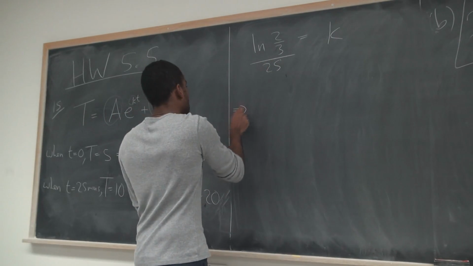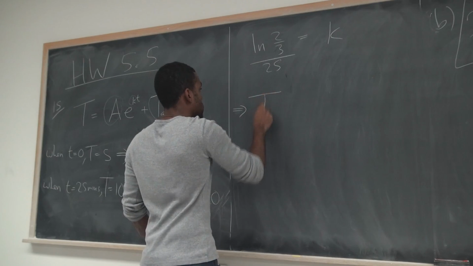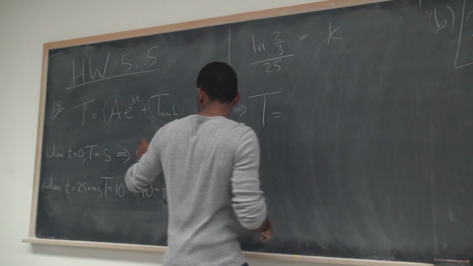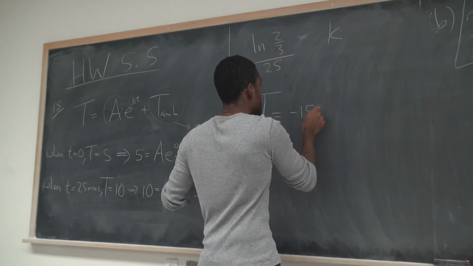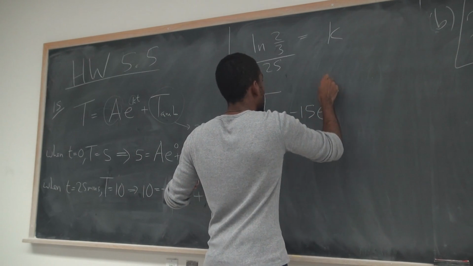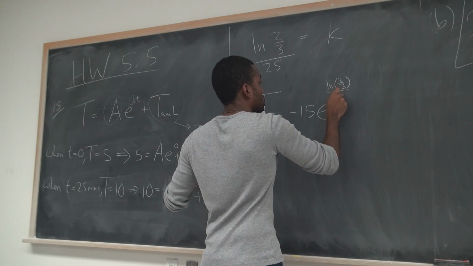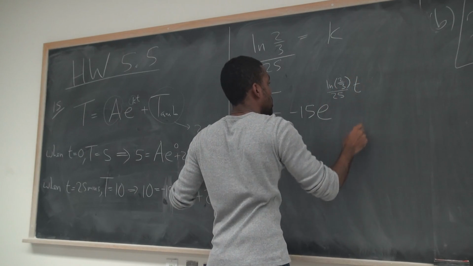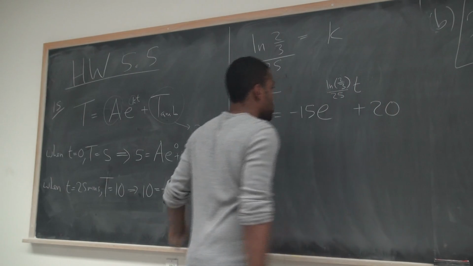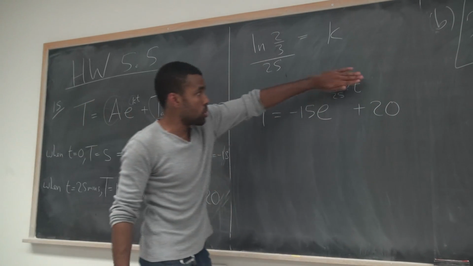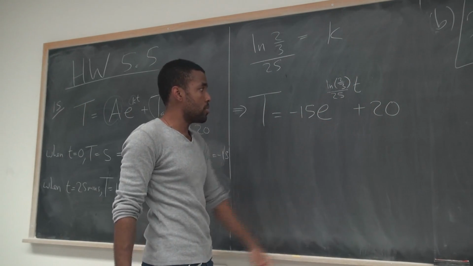So this means my temperature is given by minus 15 e to the ln of 2/3 over 25 t plus 20. You can notice here that when t equals 0, my temperature is 5.